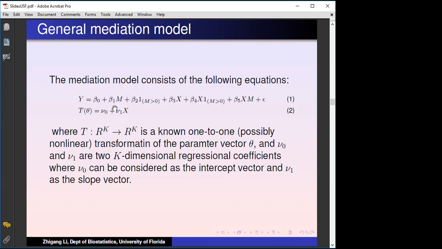Here I wrote it as a single equation, but it could actually be a few multiple equations.